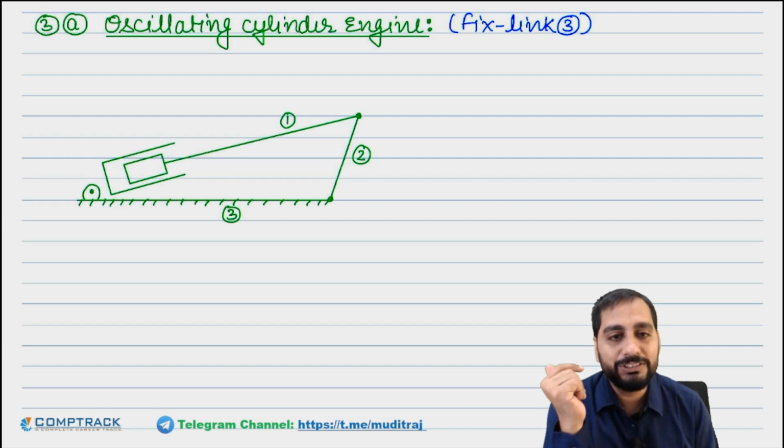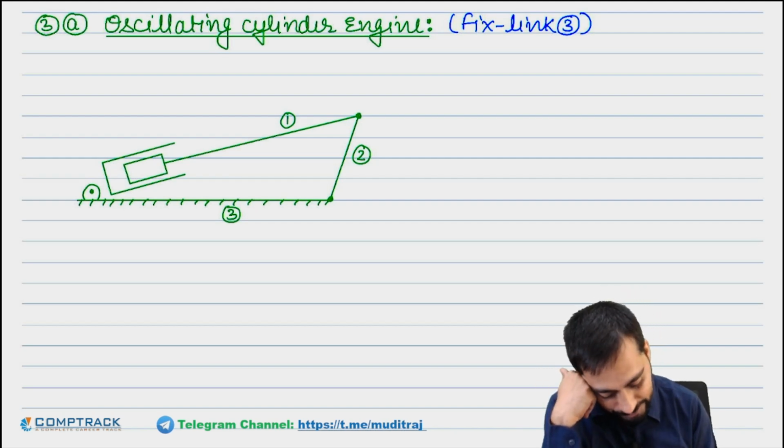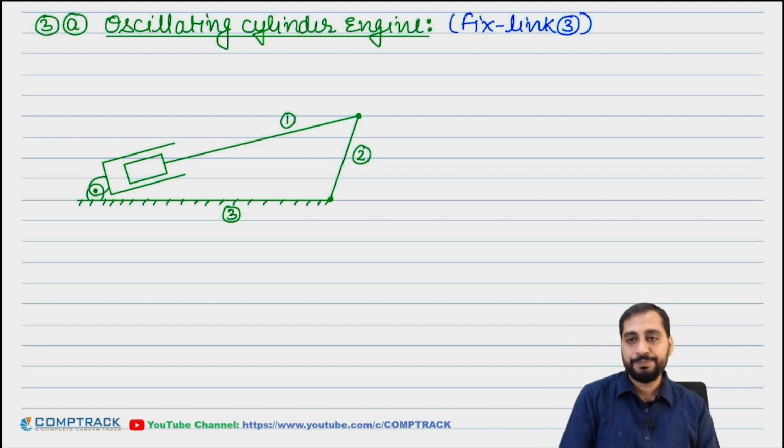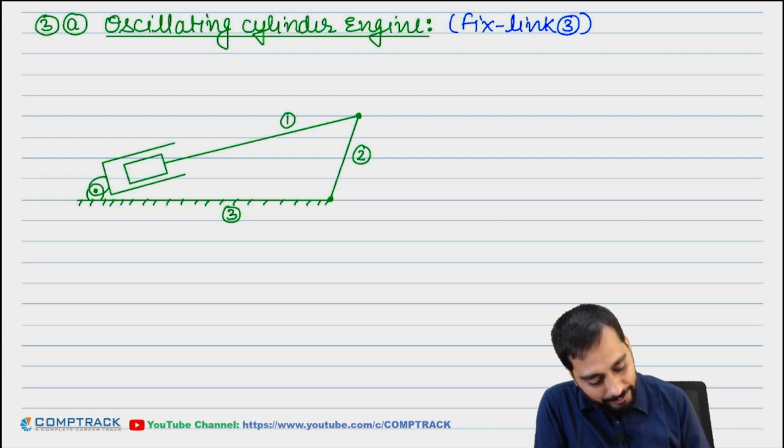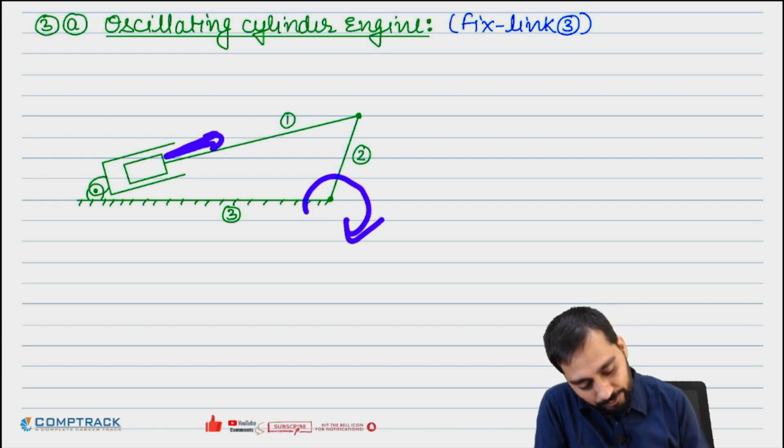Okay. Now this cylinder can be hinged here simply like this. Yes or no? Or I can make one more external thing like this. Now clear? So when this will be rotating, this will go inside and outside, and this cylinder will be oscillating here.